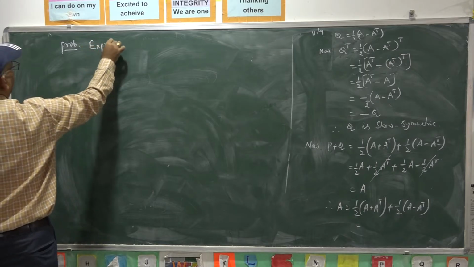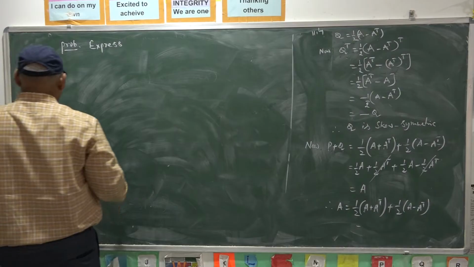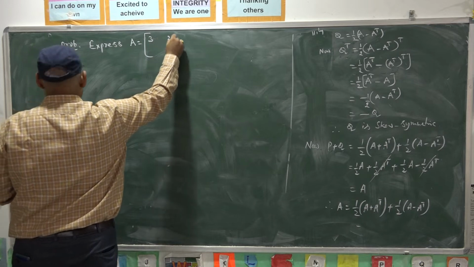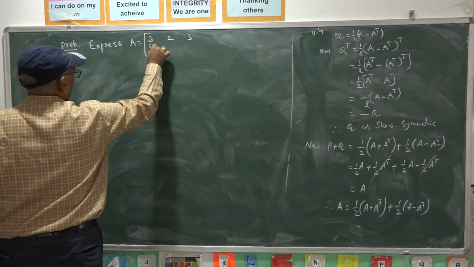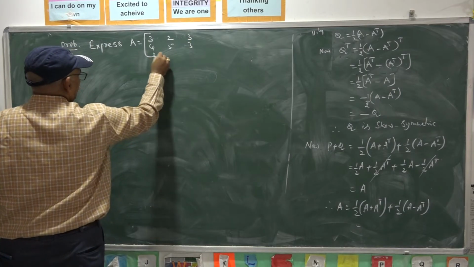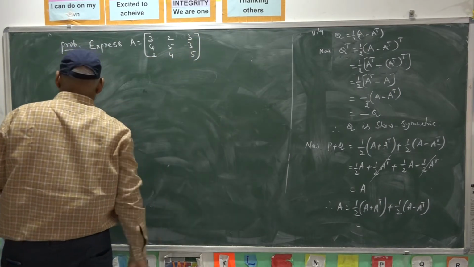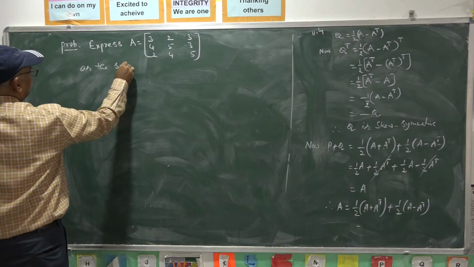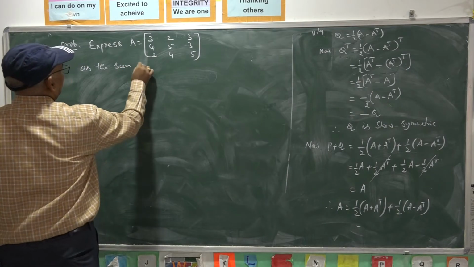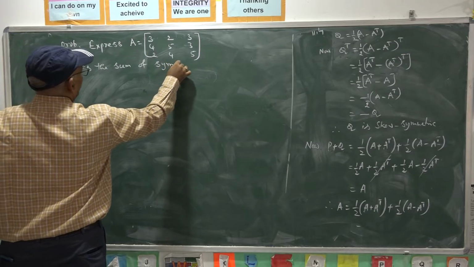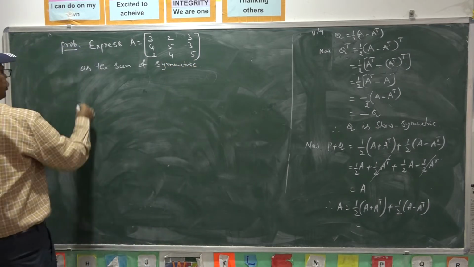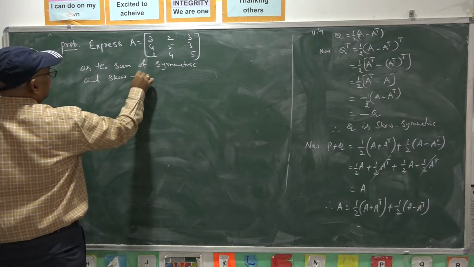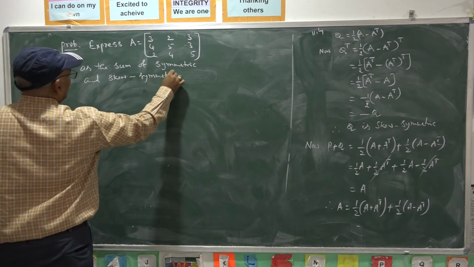Express the square matrix A, with rows 3, 2, 3; 4, 5, 3; 2, 4, 5, as the sum of a symmetric and a skew symmetric matrix.